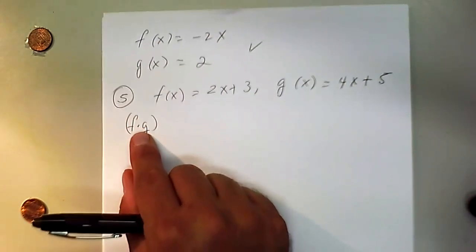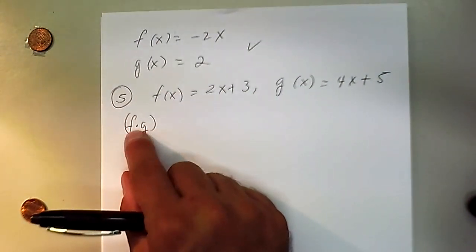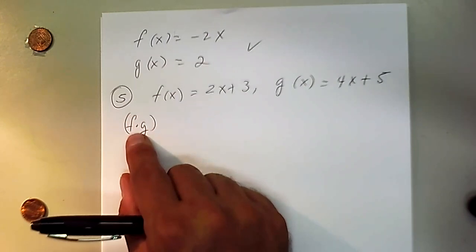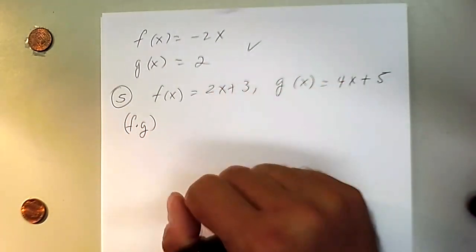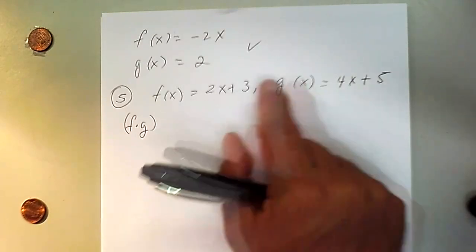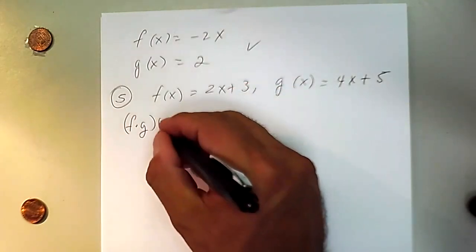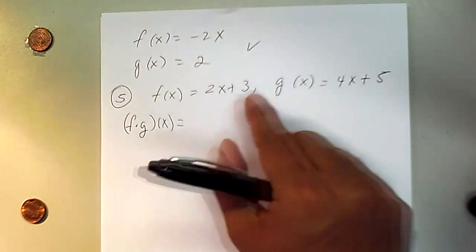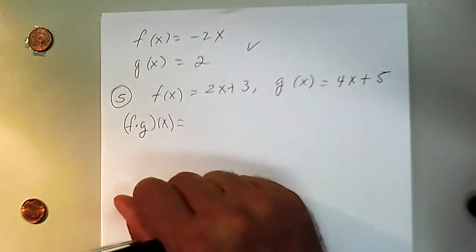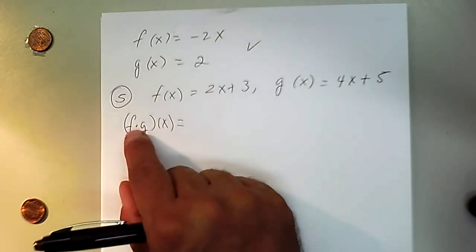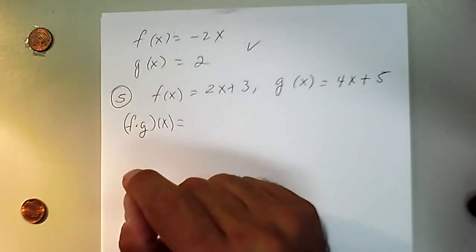Sometimes we put a dot, sometimes nothing, and that implies multiplication, and that is a new function that is made up by multiplying the outputs of the corresponding inputs under those functions. Since the outputs are made up by polynomials, we can just multiply the polynomials and end up with a polynomial that corresponds to the output of this product function.